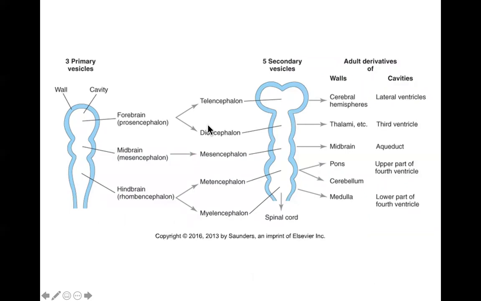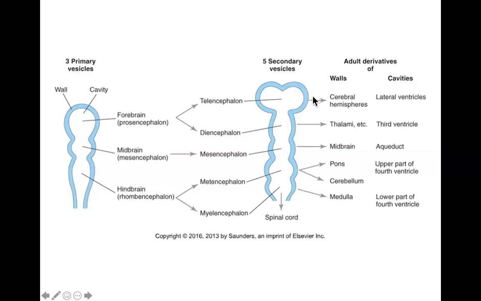The rostral neuropore closes. As it closes, you start to see these two lateral outpouchings. These guys are called the optic vesicles, right? The optic vesicles, as the name suggests, are destined to become the optic nerve and the retina of the eye. Not much later, on the top and towards the front, you're going to see two more outpouchings form on top of these.